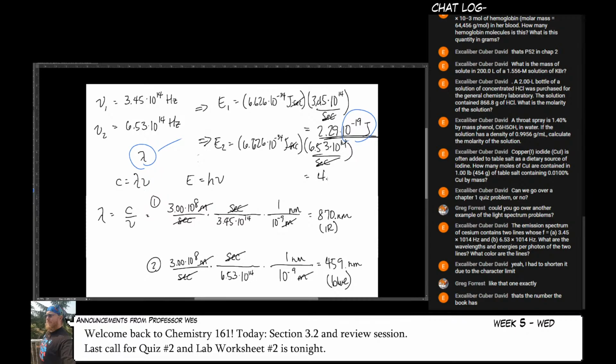And I get 4.33 times 10 to the minus 19 joules. There you go.